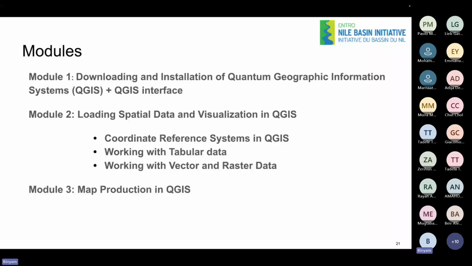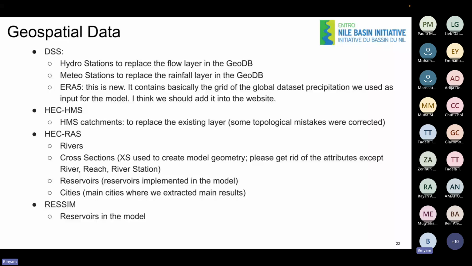The geospatial data we will use in this training: one is DSS data, the hydro stations and meteo stations, and ERA5, which is new. It contains basically the grid of the global precipitation dataset. And HEC-HMS, in this model, the catchments, and in HEC-RAS, there are rivers, cross sections, reservoirs, and cities in the model.